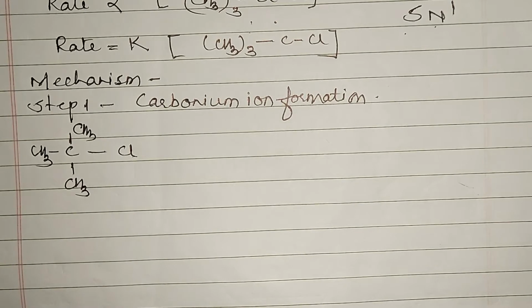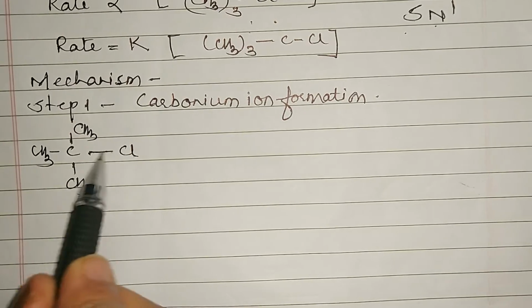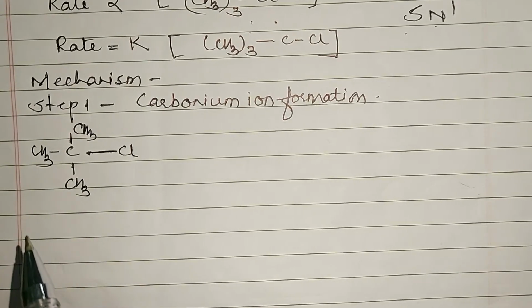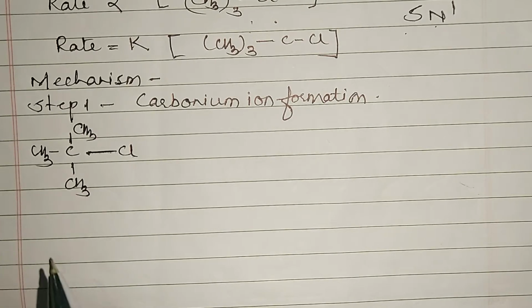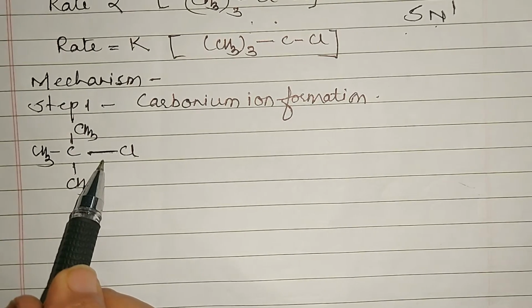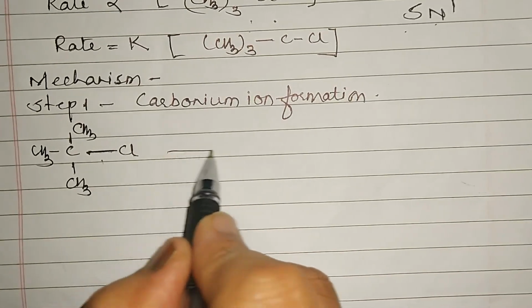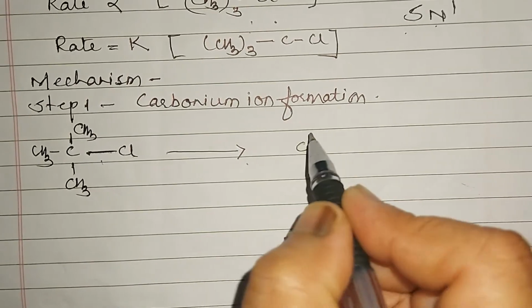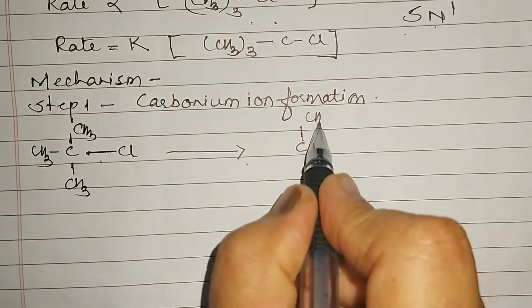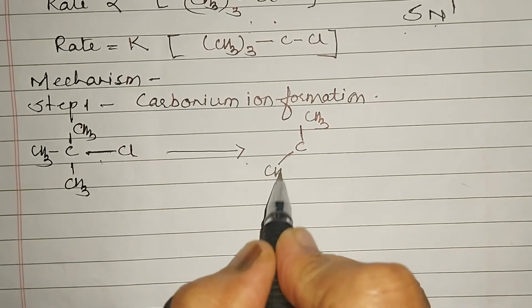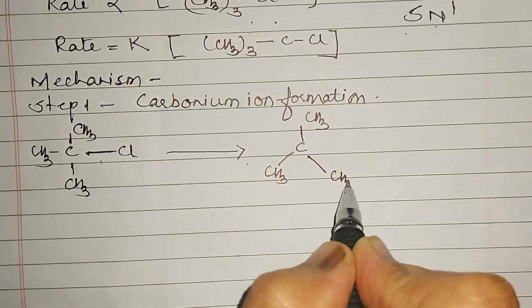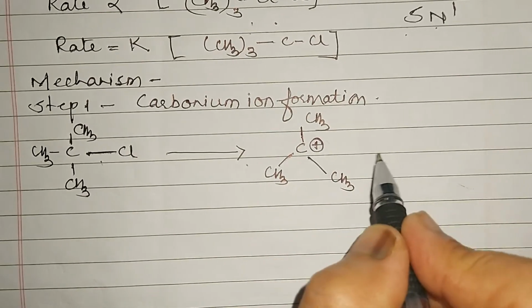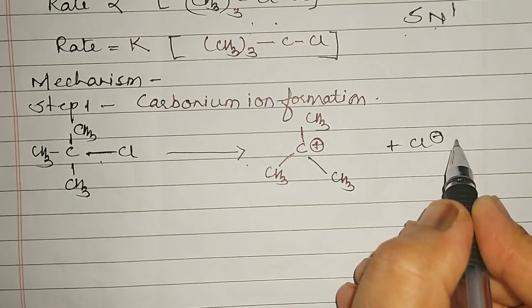Tertiary butyl chloride. In the first step, the C-Cl bond breaks heterolytically, that is, heterolytic cleavage occurs in this bond, like this: C, CH3, CH3, C positive plus Cl negative.